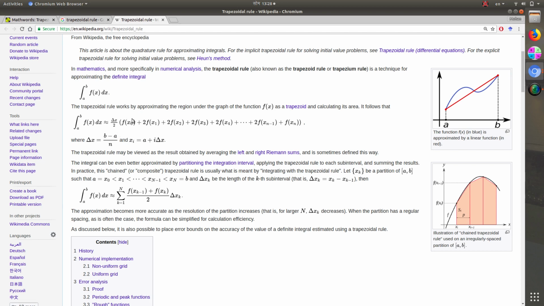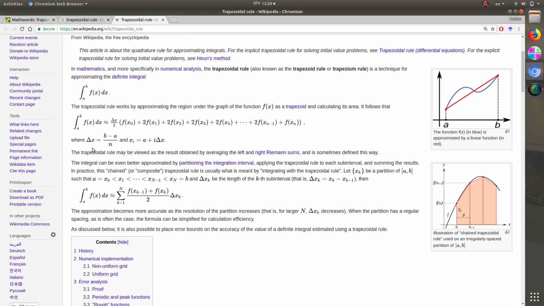The functional value at the initial point and the functional value at the final point are added without being multiplied by 2, but the functional values at the rest of the points are calculated and multiplied by 2, and then the sum is done during the integration.